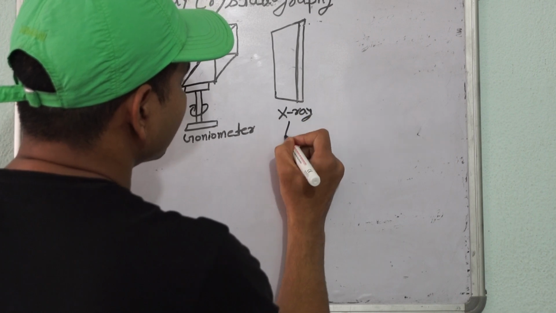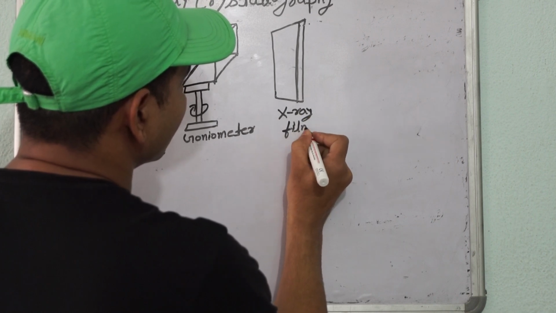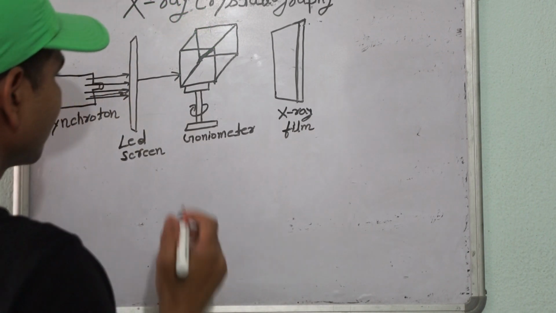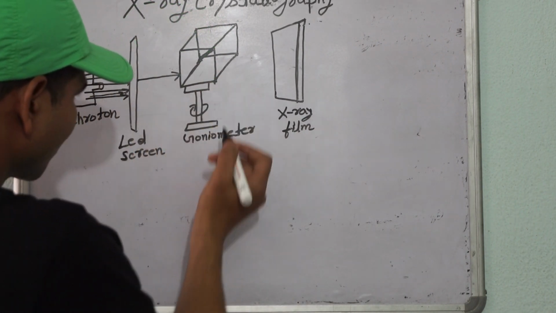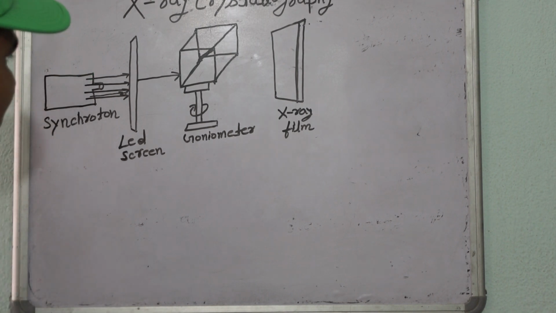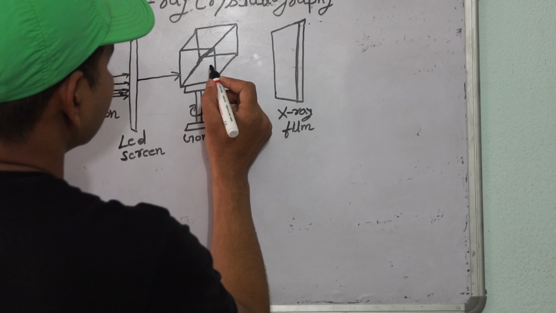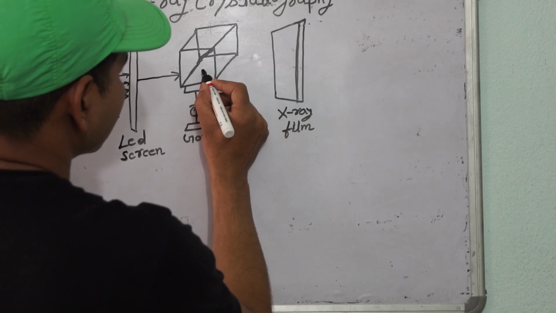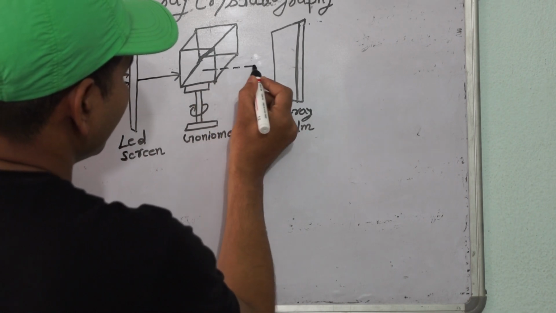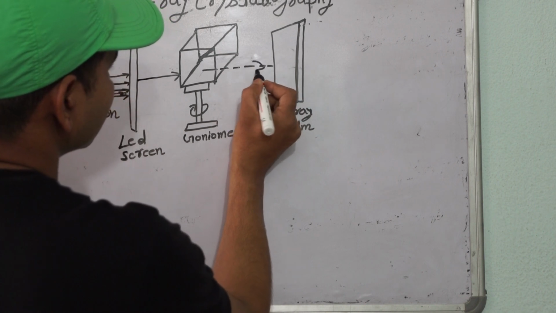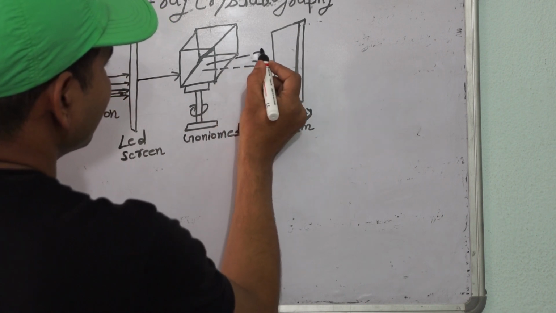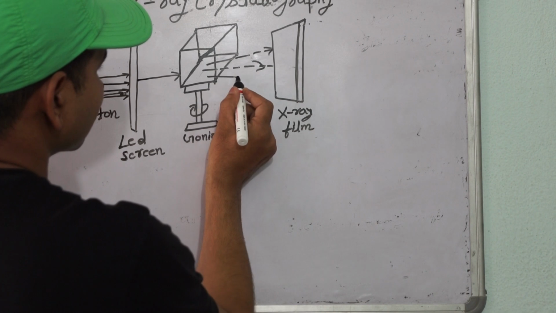Next step, the diffracted X-ray beam will fall on the X-ray film. Here the X-ray beam is coming and falling on the crystal, and on the surface of the crystal, diffraction of the X-ray beam will take place.